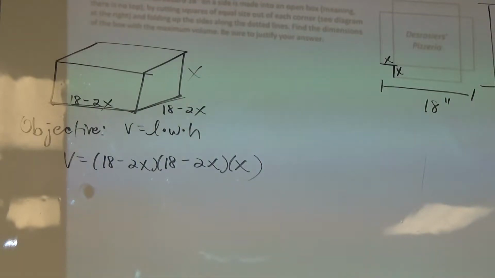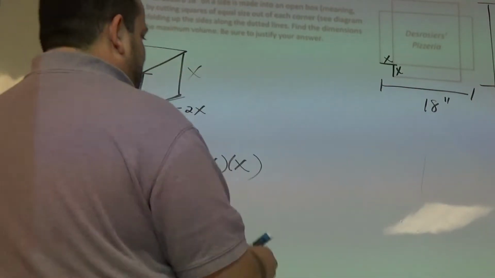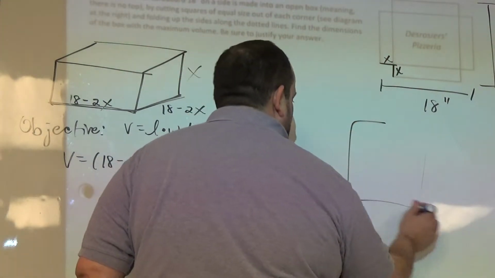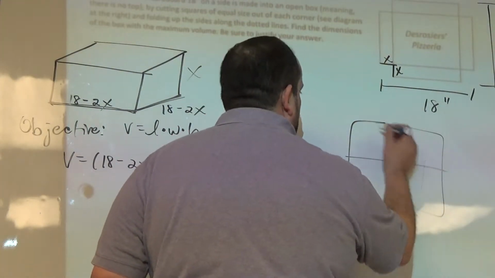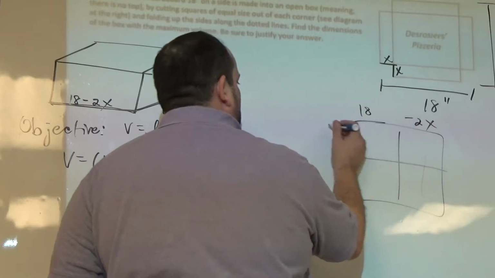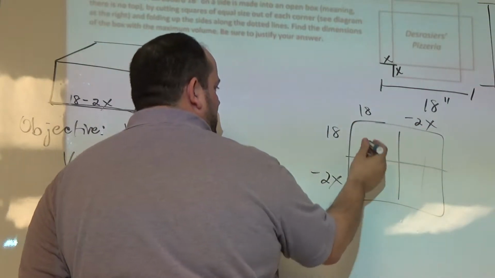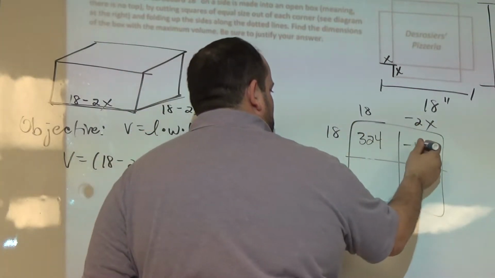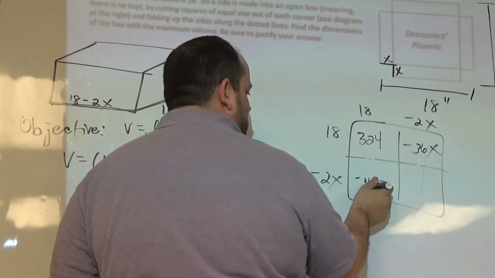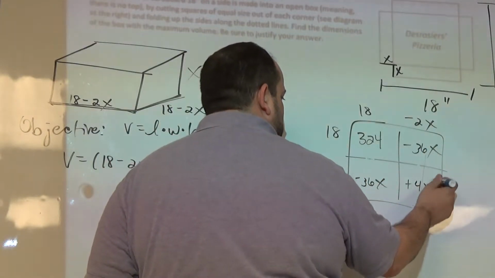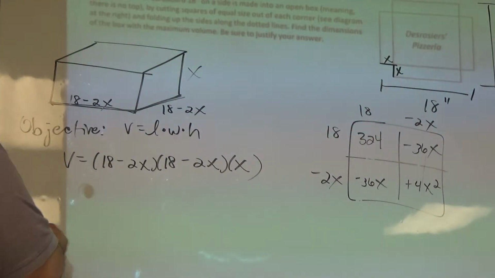Is that okay? In fact, I want to push you guys in that direction, just so we can all have a common derivative that we're looking at. So 18 minus 2x, the downside with this one, the numbers are a little bit ugly. 18 times 18, 324, negative 36x, negative 36x, 4x squared.